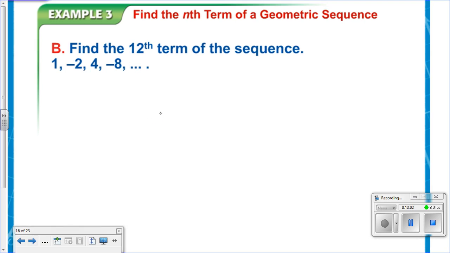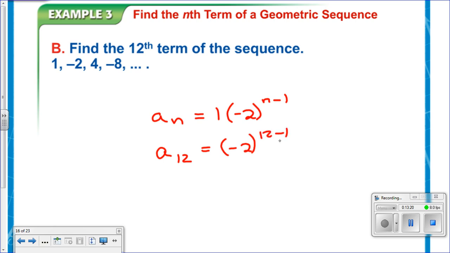So this one was a sub n is equal to 1 times (-2) to the n minus 1 power. So if I want the 12th term, I'd go a sub 12 is equal to, now I really don't need that 1, so I'm going to say (-2) to the 12 minus 1 power.